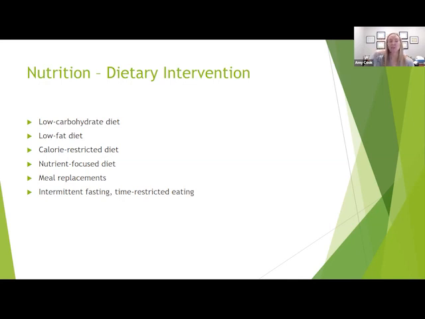So I like to classify low fat diets as the low unhealthy fat diets. There's also the calorie restricted diets, nutrient focused diets. Meal replacement is an option, as well as intermittent fasting or time restricted eating.